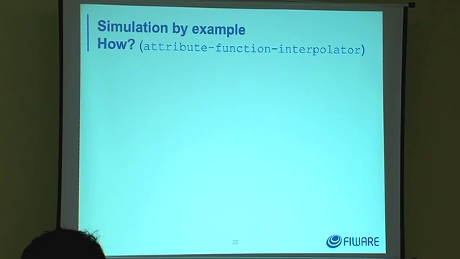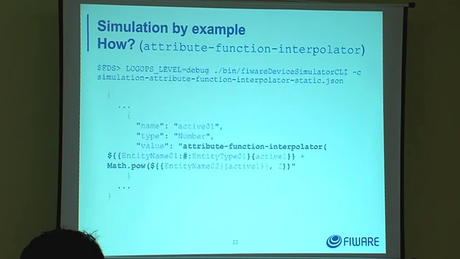But the real power comes from cases such as this one. In this case, you can see that we are using a templating mechanism to get the final value. In fact, here what we are telling the simulator is take the value of the active1 attribute from the entity name O1 entity and add the second power of the active1 attribute of the entity name 2 entity.